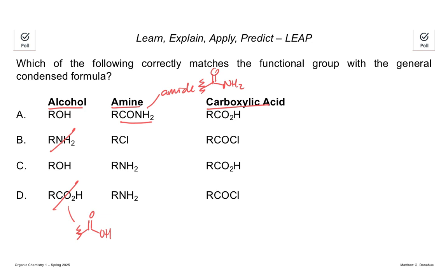So that's how you would expand out that collection of letters and numbers into a structure. So that's out. So C would be the correct response. And then as we saw, again, the carboxylic acid is a carbonyl bonded to an OH.